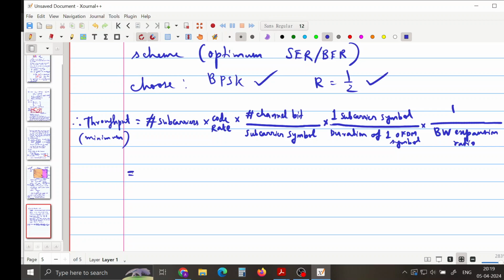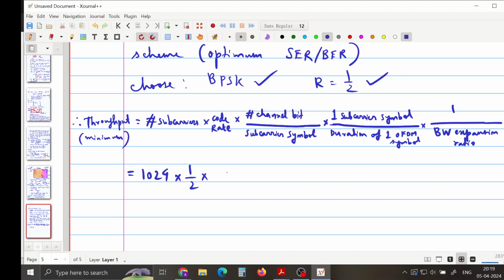So let's do step by step now. First is number of subcarriers, which is 1024 in our case. Code rate, we picked rate equals to half for the most robust one. Number of channel bits per subcarrier symbol, since we picked BPSK has only two symbols, right? 0 and 1, and each symbol has one bit only. So one channel bit per symbol.